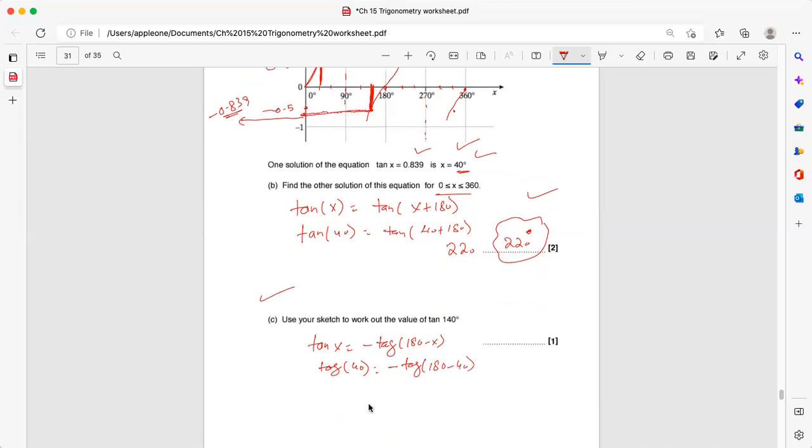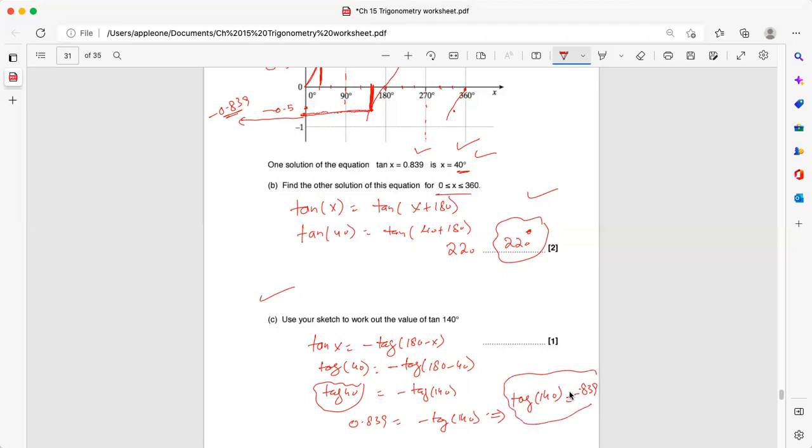So it means minus tan 140 will be equal to tan 40. What is tan 40? Tan 40 is 0.839. So minus tan 140 means that tan 140 is exactly minus 0.839. I hope you understand this thing.